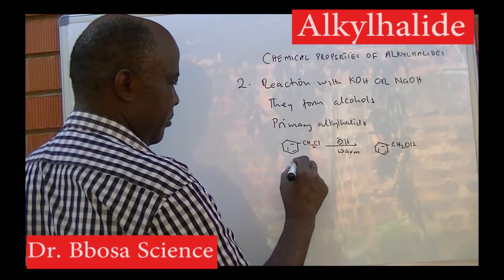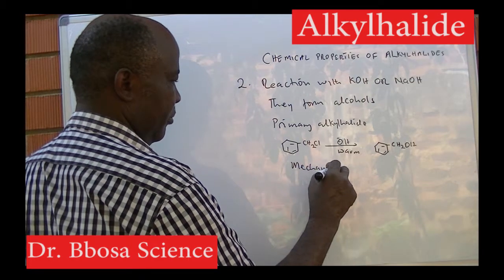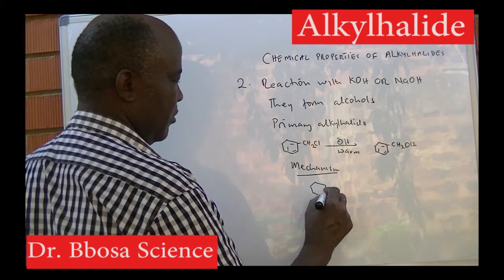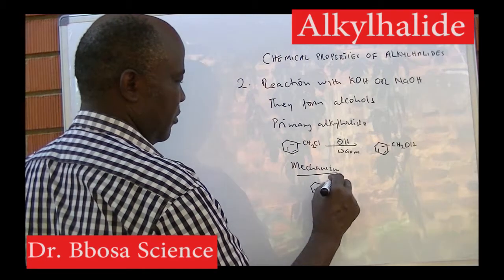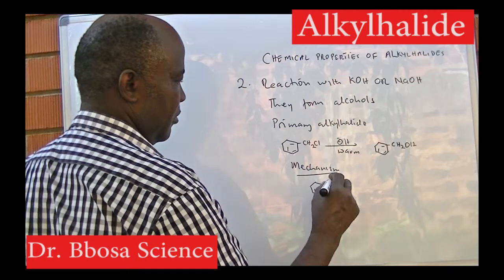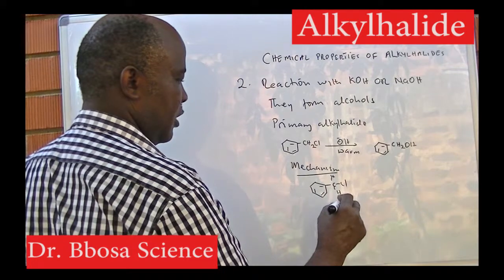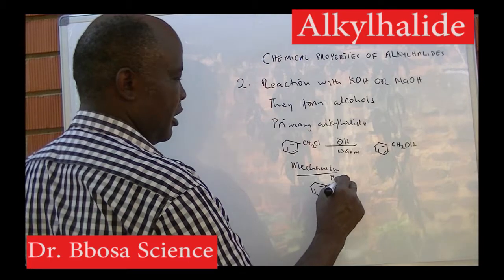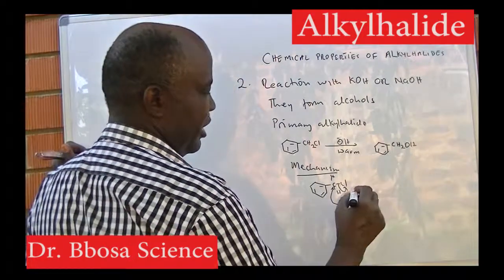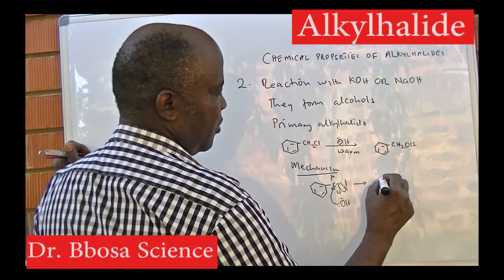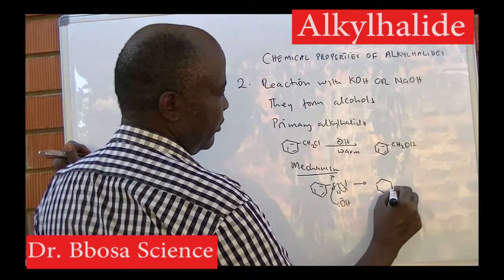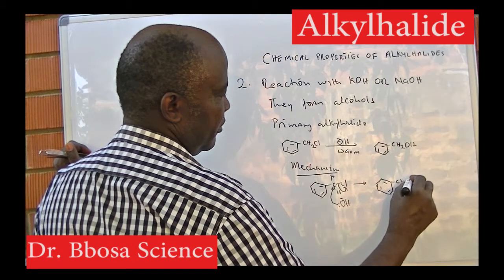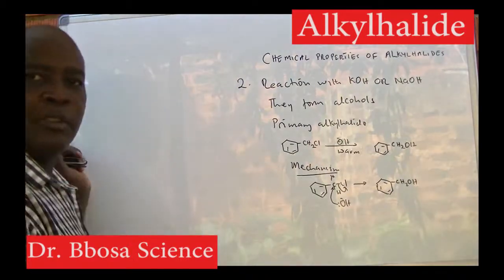Then the mechanism: the OH ion uses a pair of electrons to displace the chloride ion from the molecule to get the alcohol.